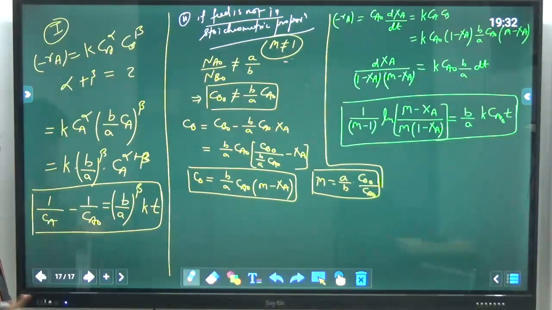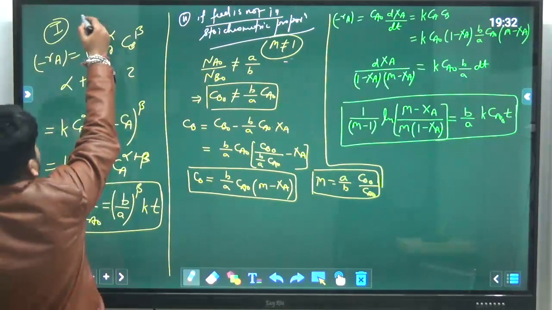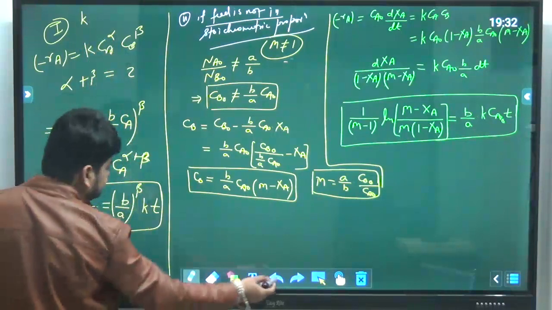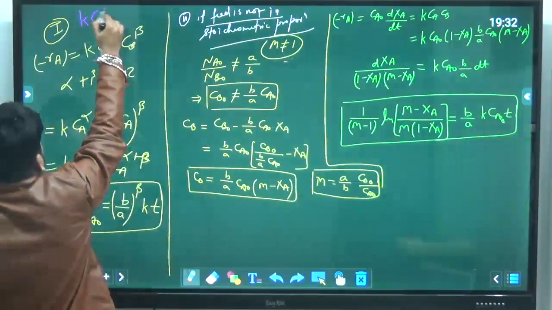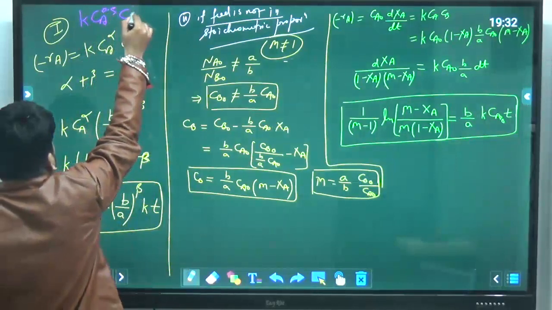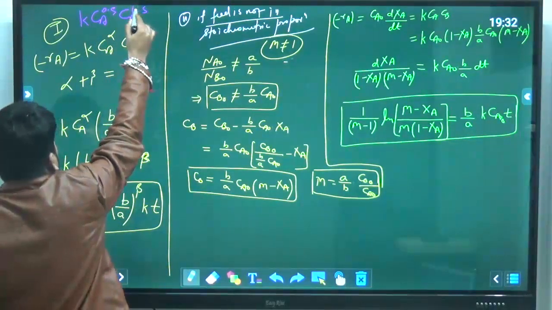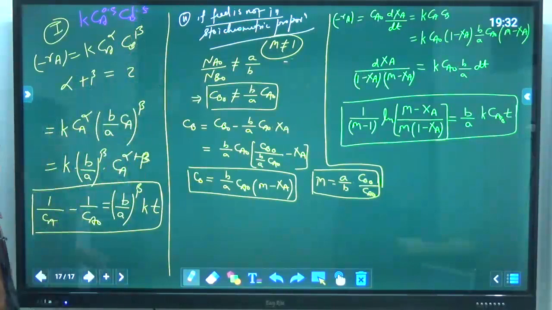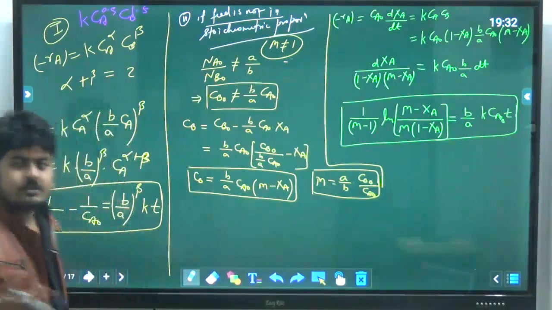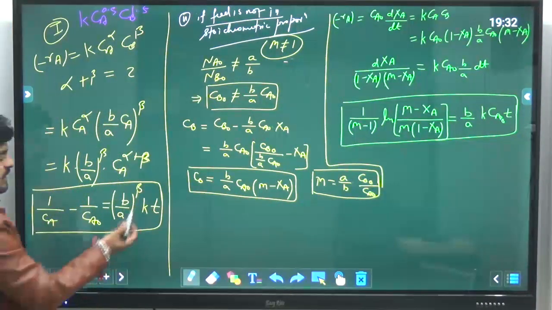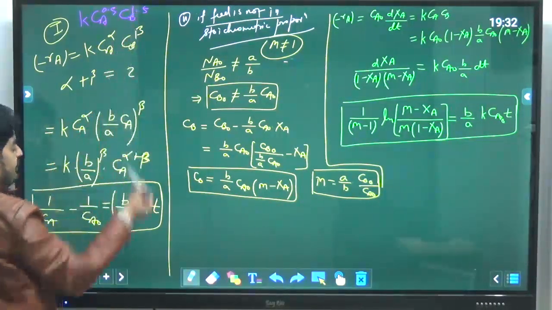If you know the apparent order of component B, suppose the rate of reaction is k Ca^0.5 Cb^1.5, and you have to find the time required to achieve 70% conversion or something like that, just use this equation. Beta will be equal to 1.5.